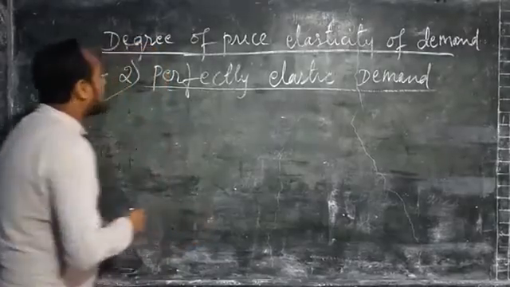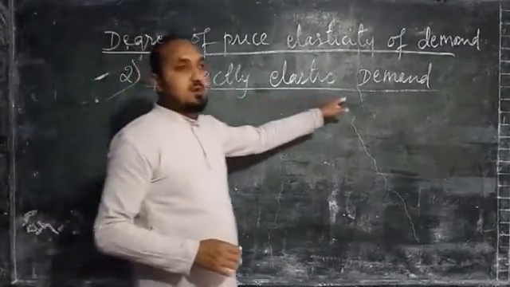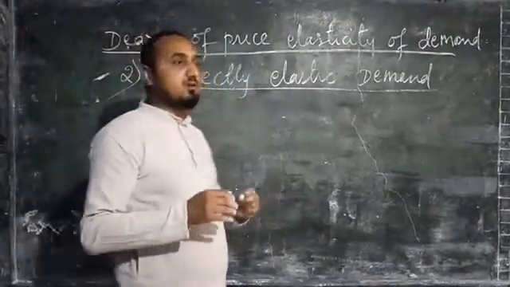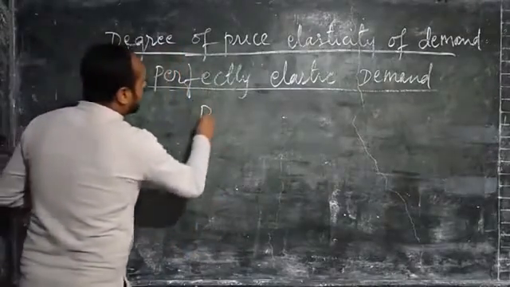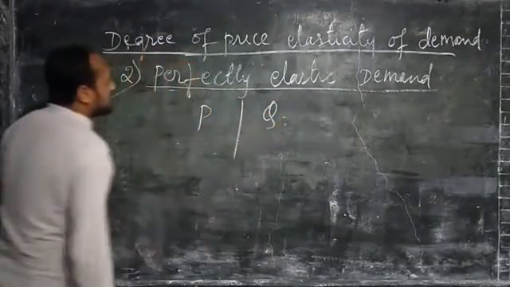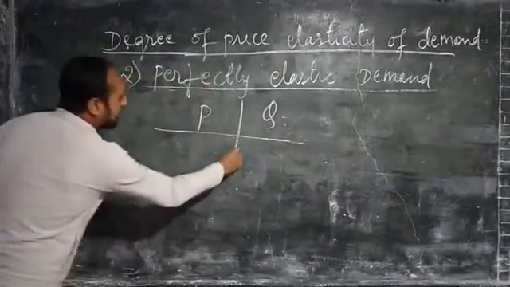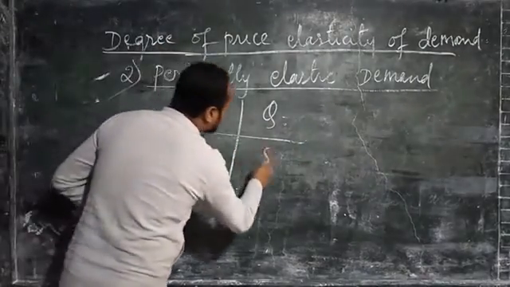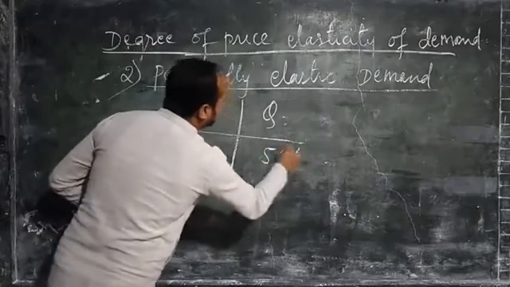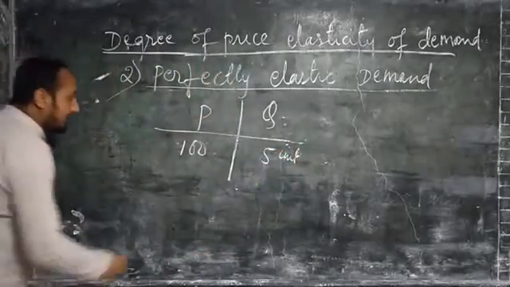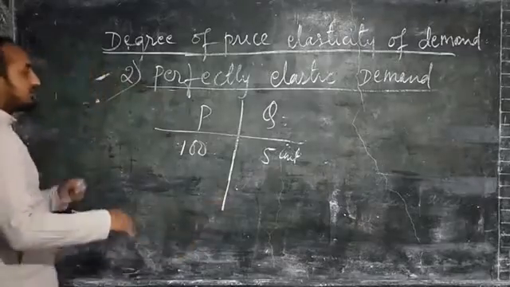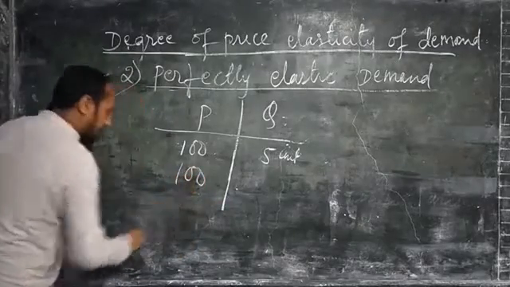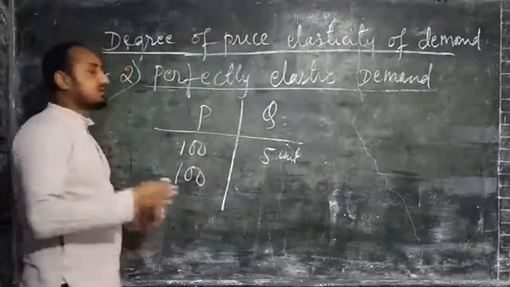The concept of perfectly elastic demand can also be explained with the help of a numerical example. Let's consider price and quantity. When the price of a commodity is, say, 100 rupees and the quantity demanded is, say, 5 units. Now when the price remains the same, 100 rupees, then the quantity demanded may change by any quantity.